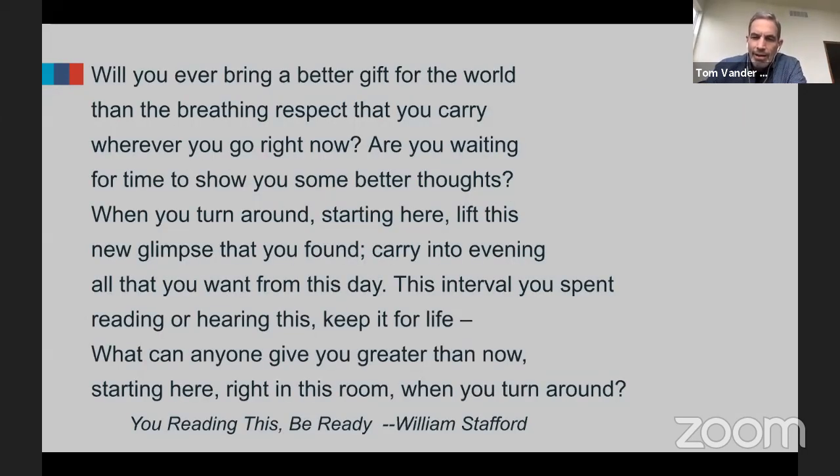We'll close before we jump into some comments with a little inspiration. We call this the Just Do It poem from William Stafford, but I love this thought of, in the second line, what are you waiting for? Are you waiting for time to show you some better thoughts?